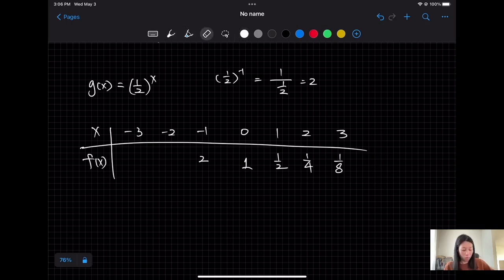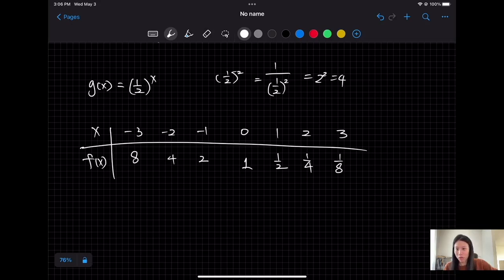What about the negative 2 power? Well, when it comes to negative exponents, we know this is going to be a reciprocal. So this equals 2 squared, which gives you 4. And then to the negative 3 power, which gives you 8. So now let's plot these points.